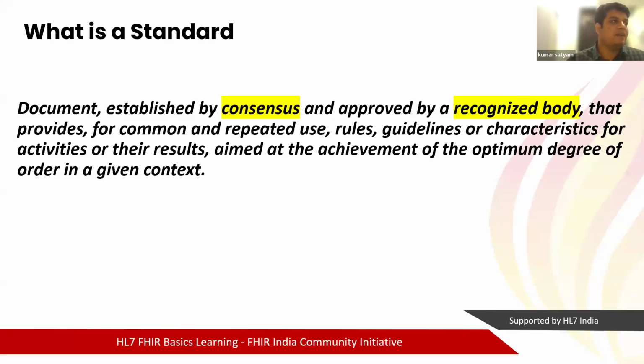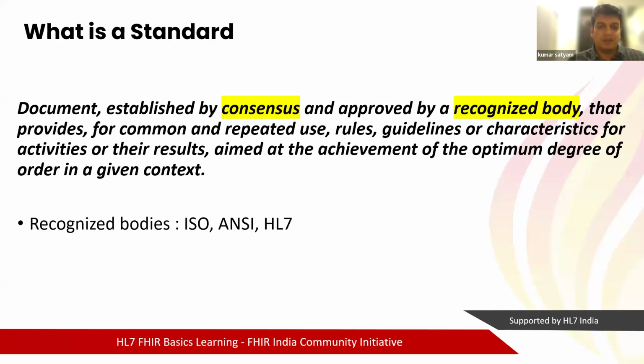A lot of people try to understand a standard as something that is being used widely. If something is being used widely, and it is by consensus, then it becomes a standard, right?